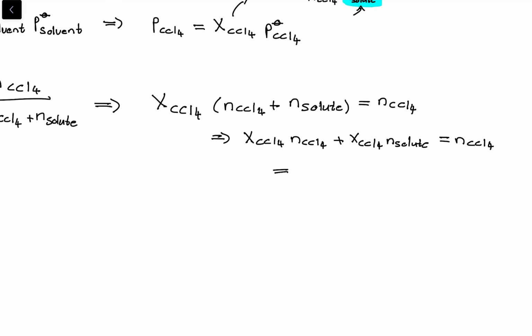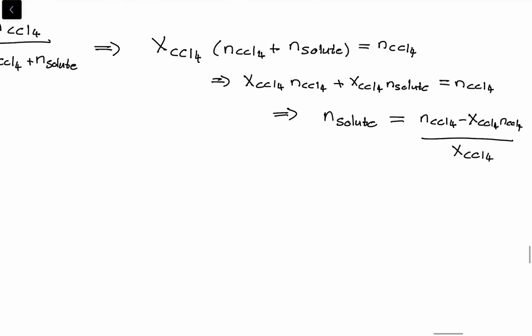Okay. And then we get N solute on its own. So N solute is equal to NCCl4 minus XCCl4 divided by XCCl4.